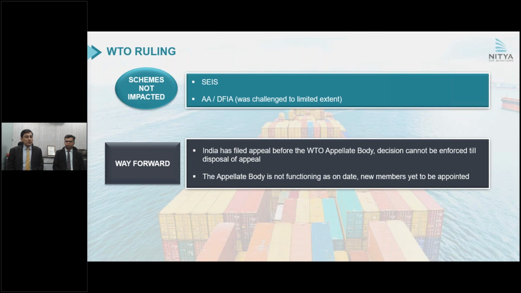Interestingly, the US does not want WTO to function. The reason is that members are not being appointed to the WTO appellate body, and it is not likely to hear India's case in the near future. So to that extent, status quo can continue.